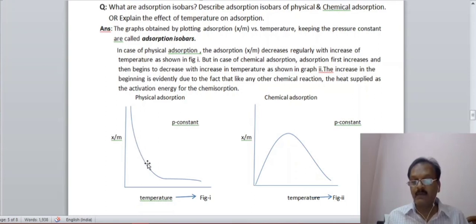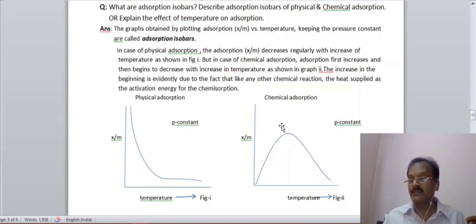This is nothing but the effect of temperature on adsorption. At a very low temperature there is high adsorption. As you increase the temperature, the adsorption goes on decreasing, as already discussed in the differences between physical and chemical adsorption. So lower temperature favors adsorption. As the temperature increases, the amount of adsorption on the surface of the adsorbent goes on decreasing.